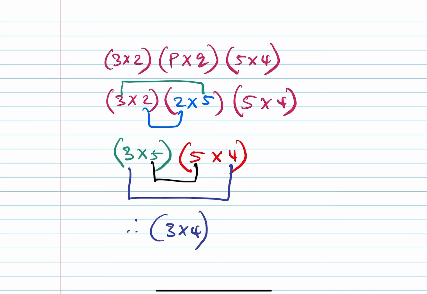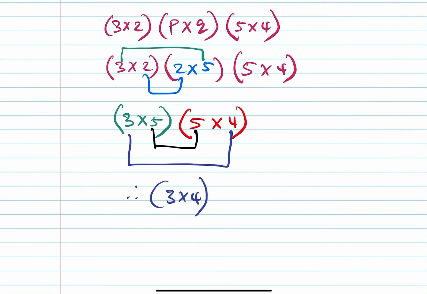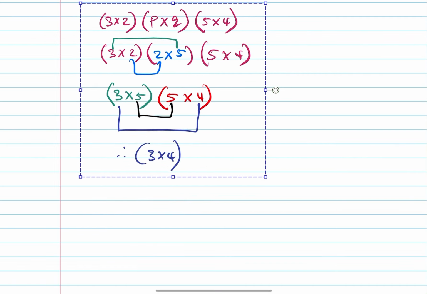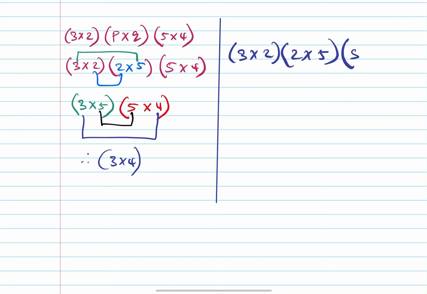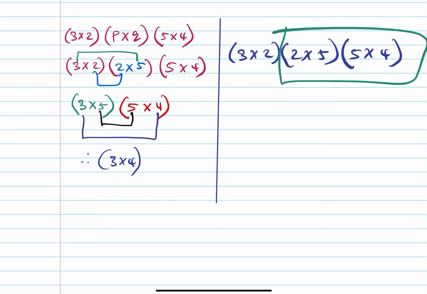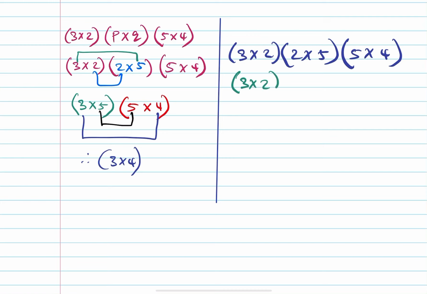Or you can do it in this way, in case you really want to get it in the most autonomous sense. We have 3 by 2 into 2 by 5 into 5 by 4. So I can consider this product and later on multiply with this one. I'm just going to keep the 3 by 2. And then I need to get this product.